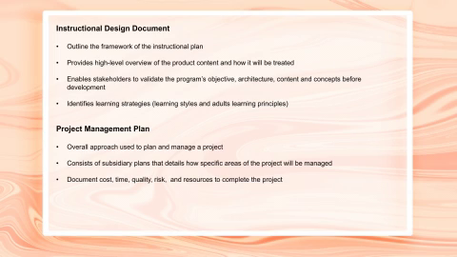It provides a high-level overview of the product content and how it will be treated. It will enable stakeholders to validate the program's objective, architecture, content, and concept before development. And it will identify learning strategies by learning style and adult learning principles.